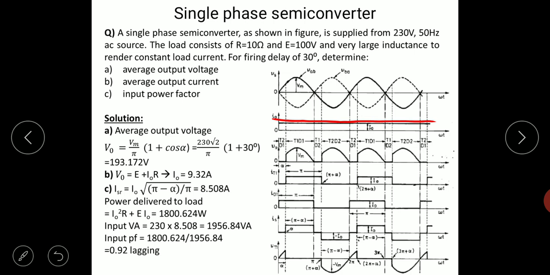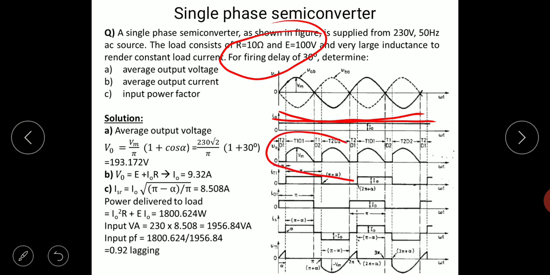Current is not changing. We have not drawn the figure in this case, but the load is RLE and L is very large, so that the load current is constant.